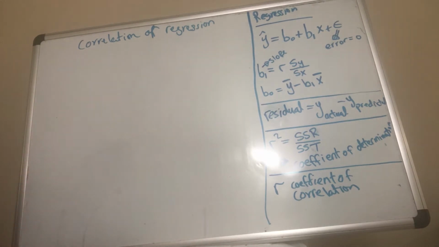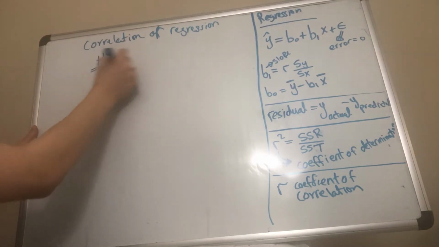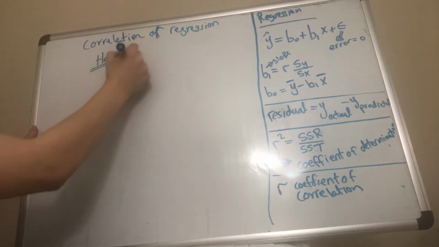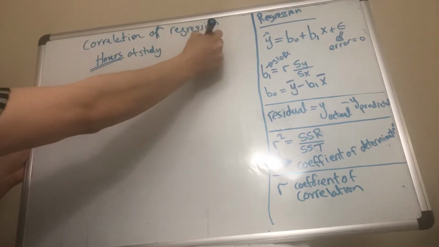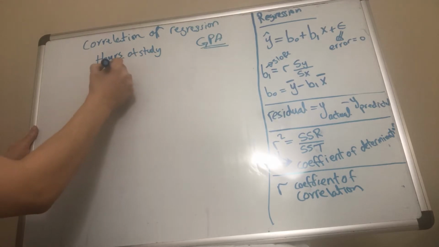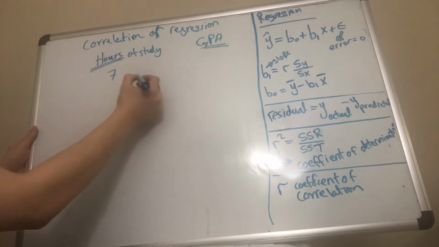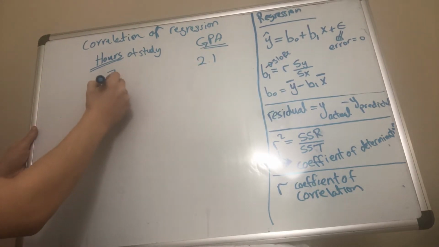Now, let's say you're trying to figure out if there is a linear relationship between hours of study per week and GPA. They tell you a student studies 7 hours a week and has a GPA of 2.1.